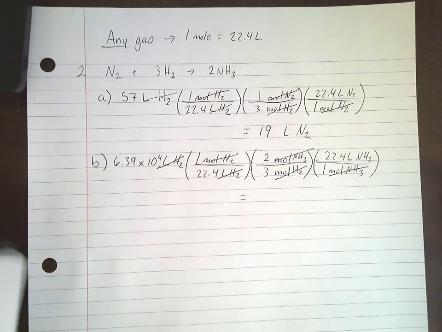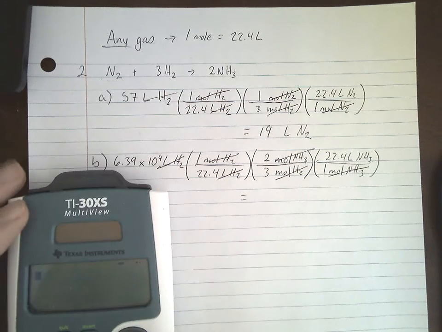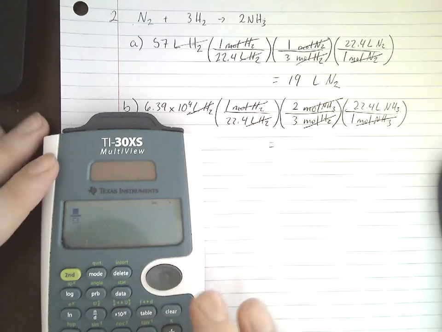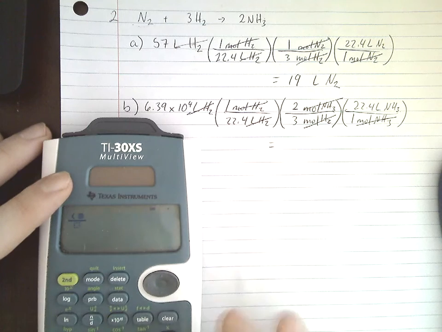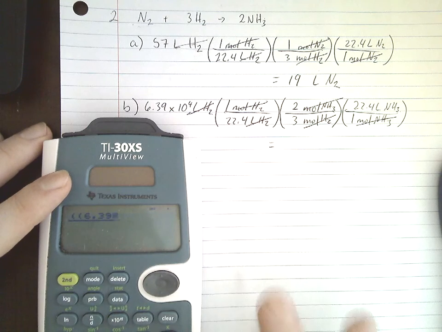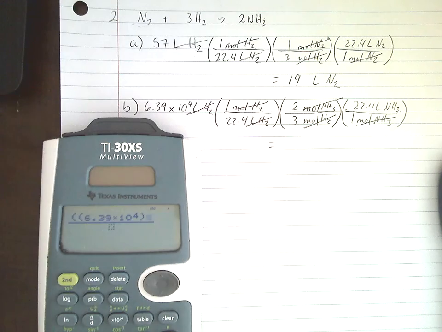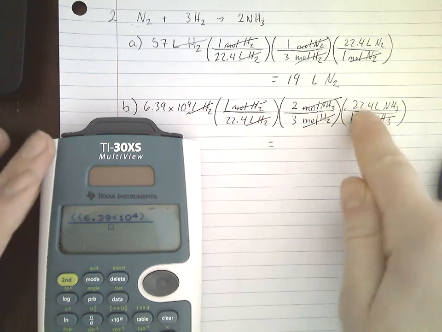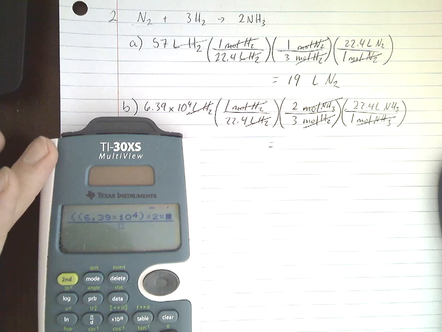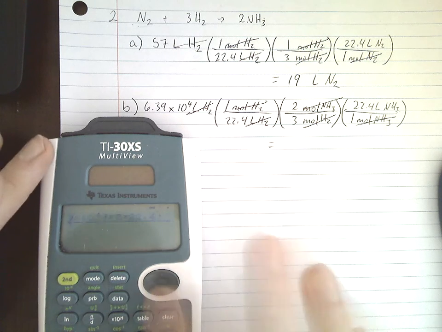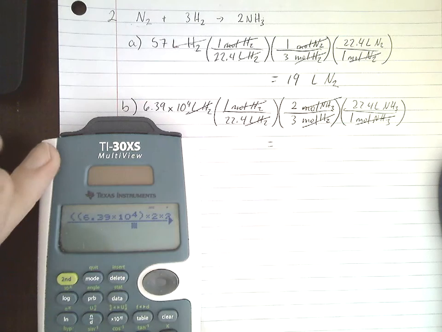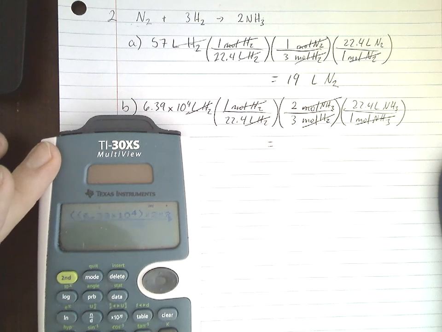Now we can go through and do our math just like in part A, and I'm going to use the fraction function again. On top, we're going to type in 6.39 times 10 to the 4th. If you wanted to, you could convert that into a regular number first. Times 2 times 22.4. That's all going to be on top. Now on bottom we have 22.4 times 3.